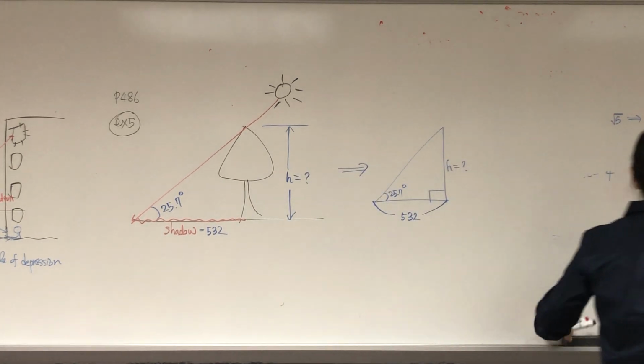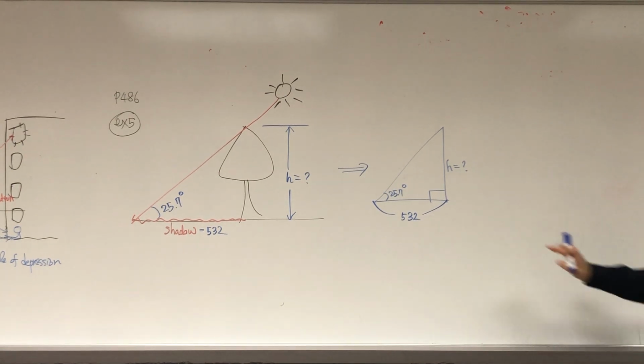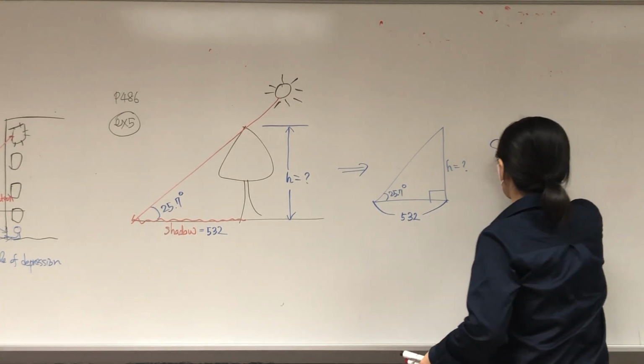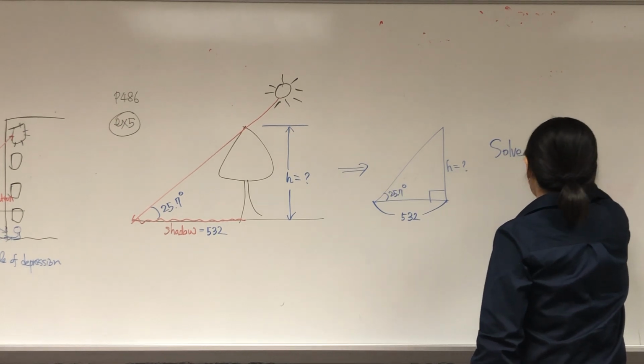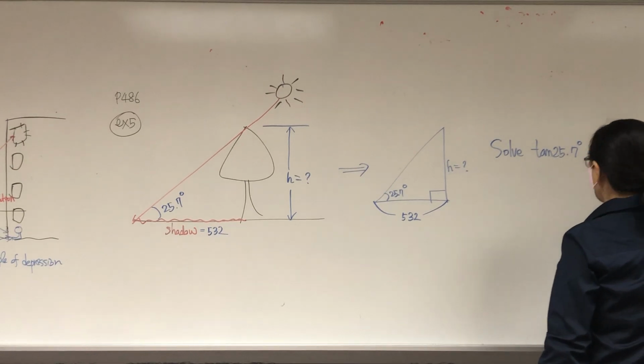How do you figure out H? Did you use the cosine? You got tangent, right? Tangent. That's right. Why? Because this is the ratio we need. So we need to solve tangent 25.7 degrees is equal to H over 532.